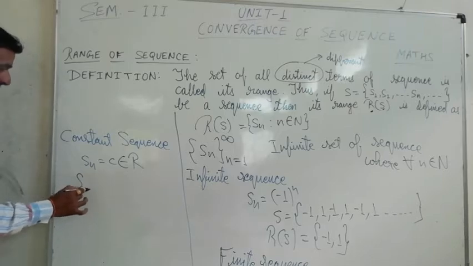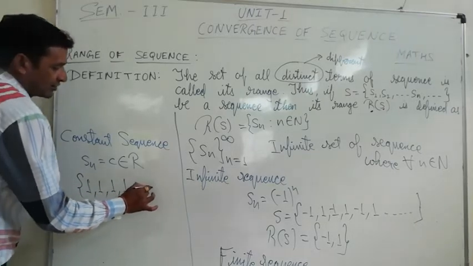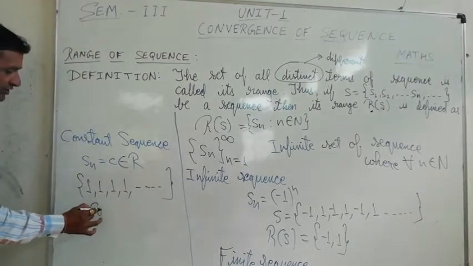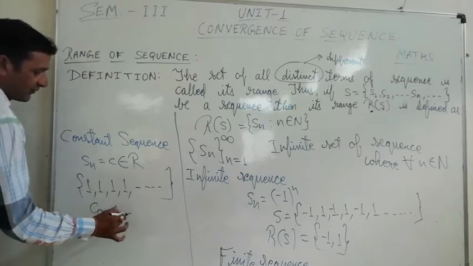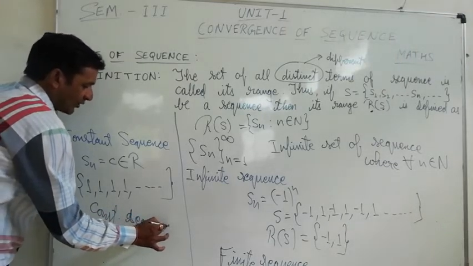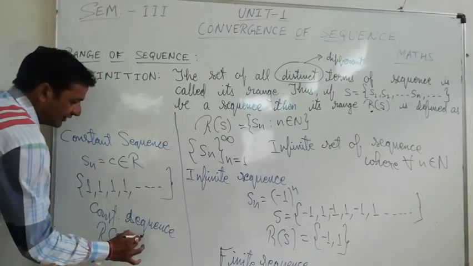So suppose I take the sequence 1, 1, 1, 1 and so on. Then it is known as a constant sequence. This type of sequence is called a constant sequence, and its range is {1} only.